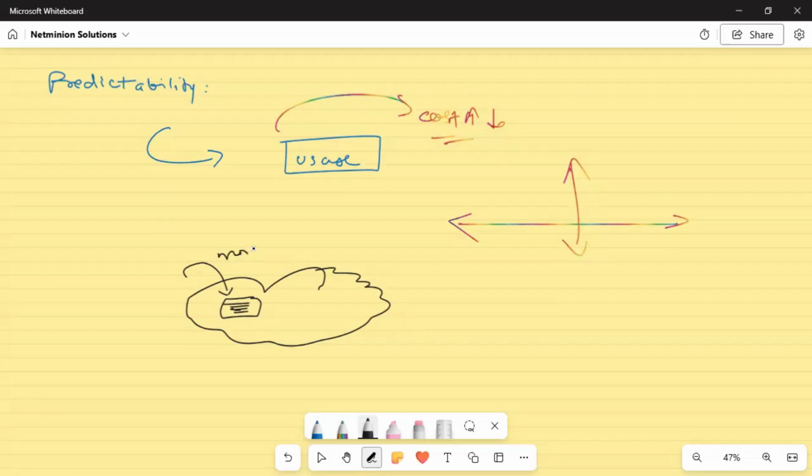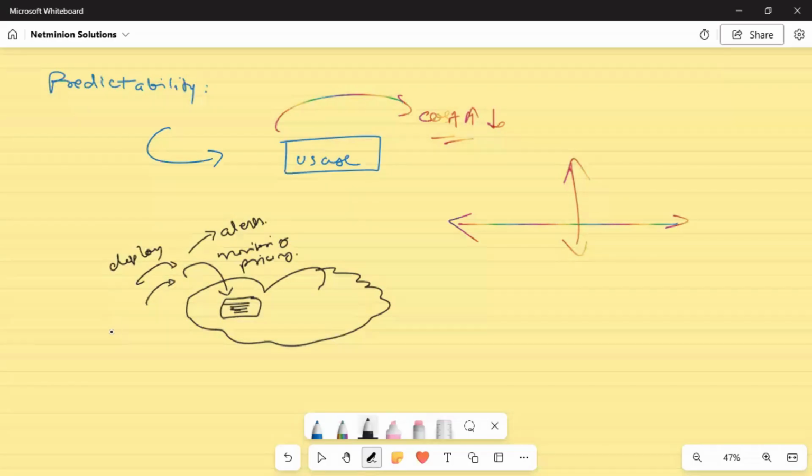You have monitoring, pricing, alert systems, a log system, and a deploy system. You can deploy very fast. You can scale up, scale down, which is named auto scaling.